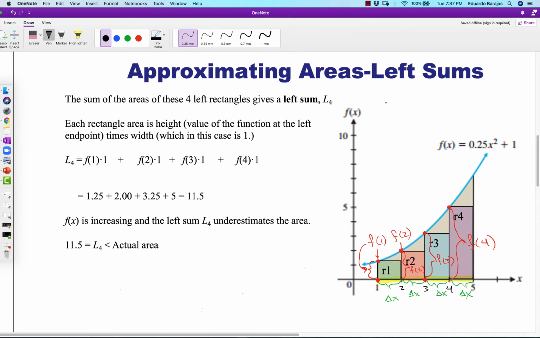Remember that delta x was equal to 5 minus 1 divided by 4. 5 and 1 chosen because the area we're interested in is bounded by the line x equals 1 and x equals 5. And 4 because we chose to do 4 rectangles. And this equals 1.